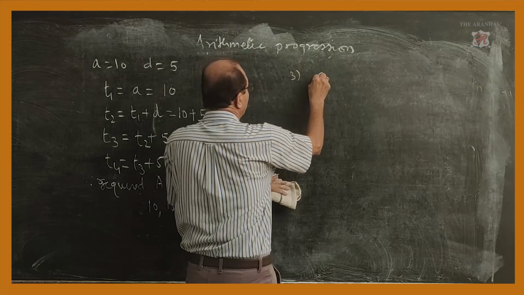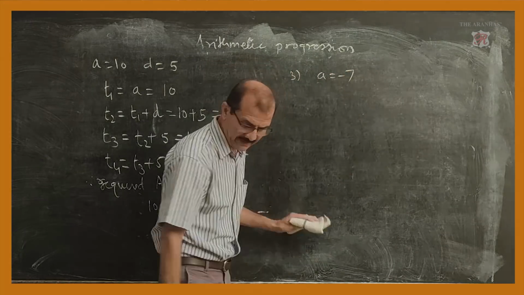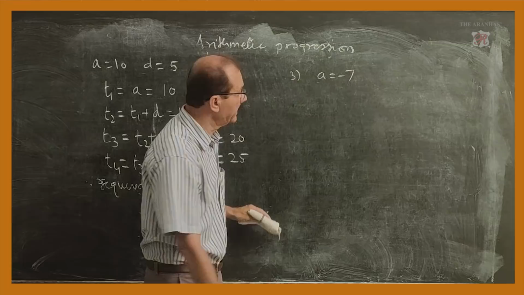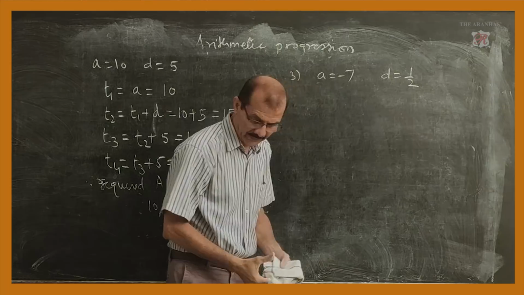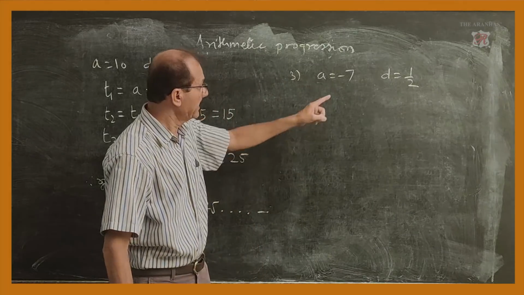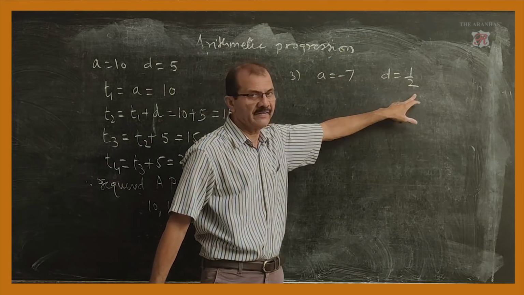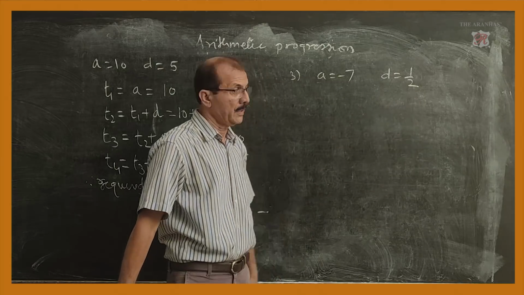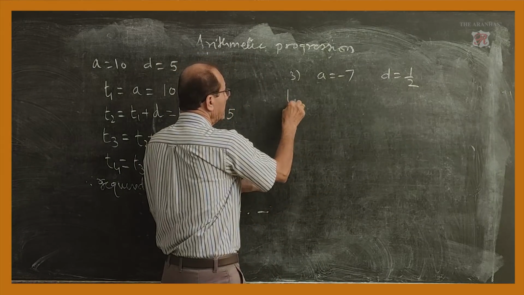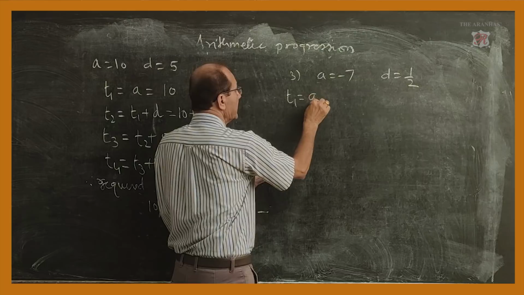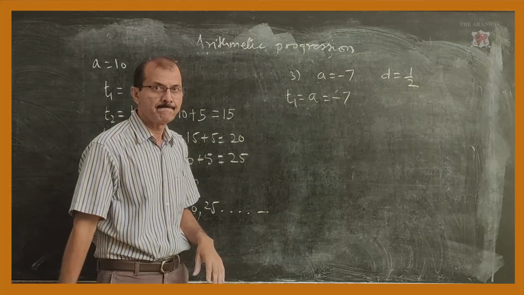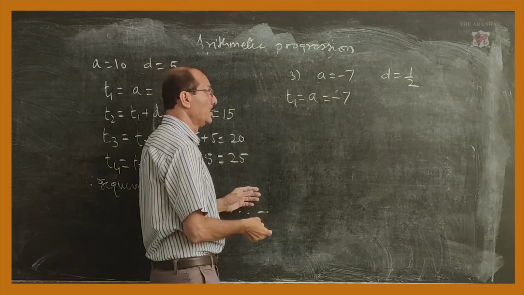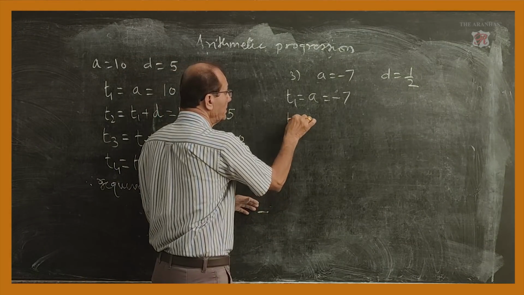A is -7 and D is 1/2. Here be careful because minus is involved and a fraction is involved, right? Now what is my T1? My T1 is the first term, which is A, and that is minus 7. Correct? Now I told you how to get T2.